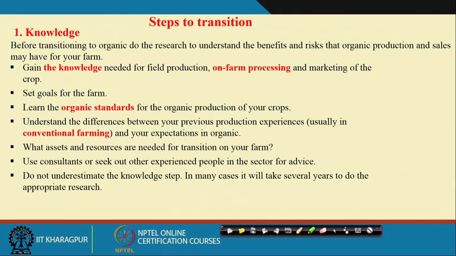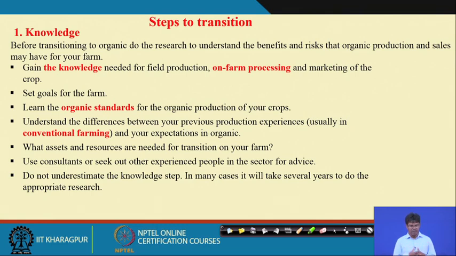So, first, as discussed, we should gain the knowledge. Somebody, a farmer or a man going for the transition, should equip himself with knowledge on the needs for field production, on-farm processing and marketing of the crops, and then set the goals, learn the organic standards, how to go for conversion, the minimum time period required, and the transition periods.